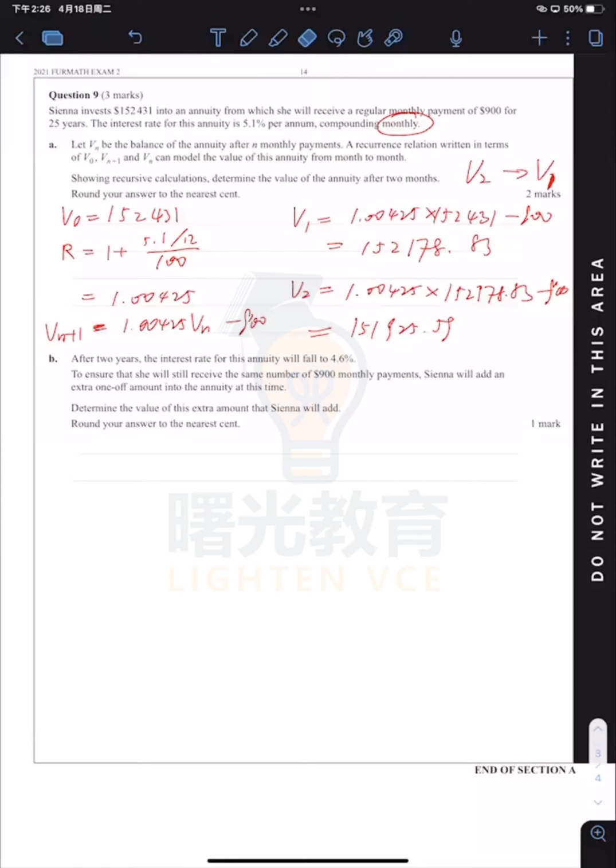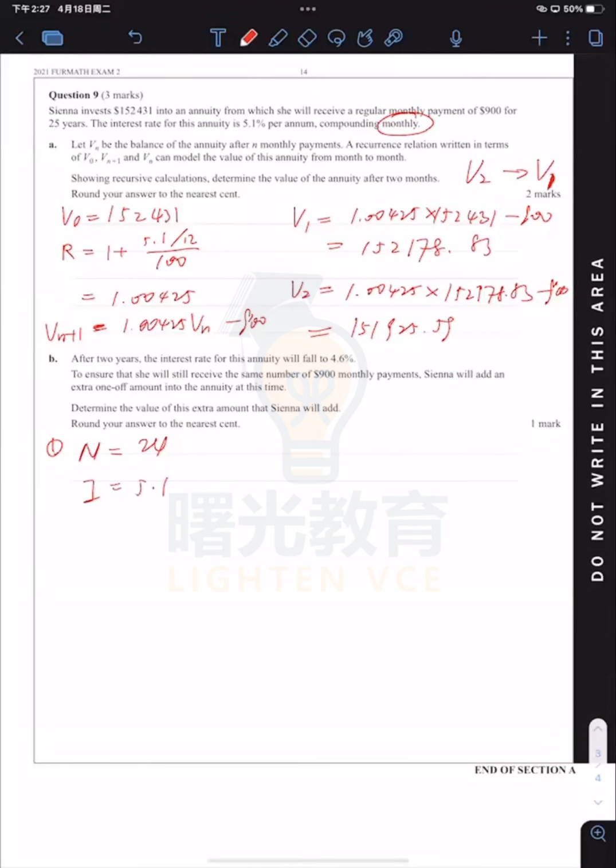So you have to separate this question into 2 parts. First one, after 2 years, what is the future value? Like how much money is the annuity still owing to Sienna? The number of repayments is 24, because it's 2 years and compounding monthly.